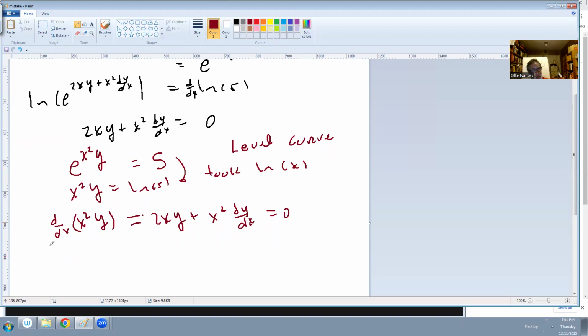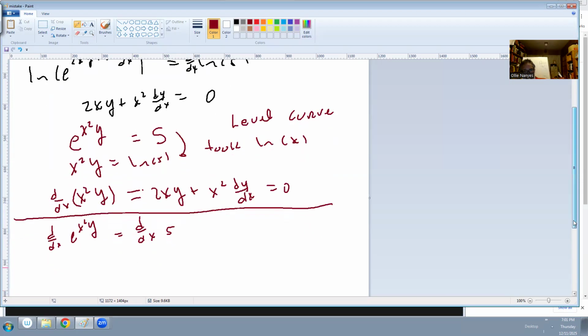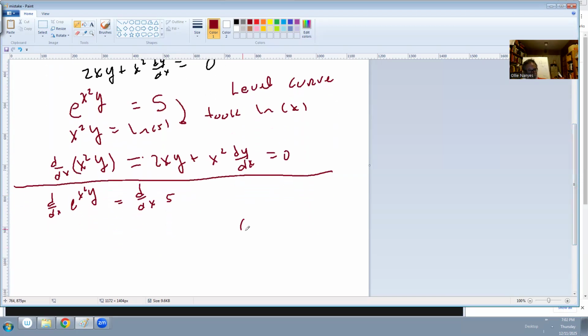Now, what I was hoping they would do is start off by taking the derivative of both sides, and then differentiate the right-hand side, you get 0. Differentiating the left-hand side, and then using the chain rule, we get that. And that's equal to 0.